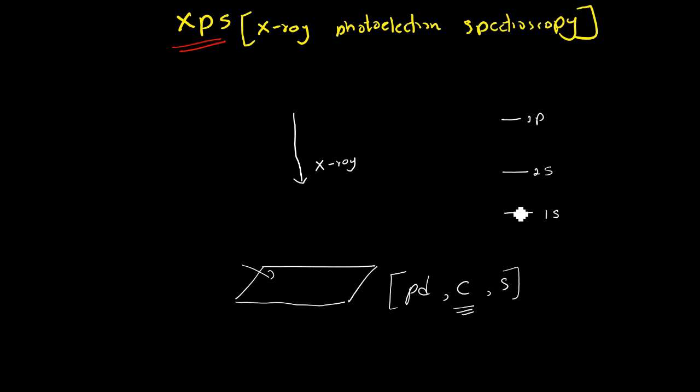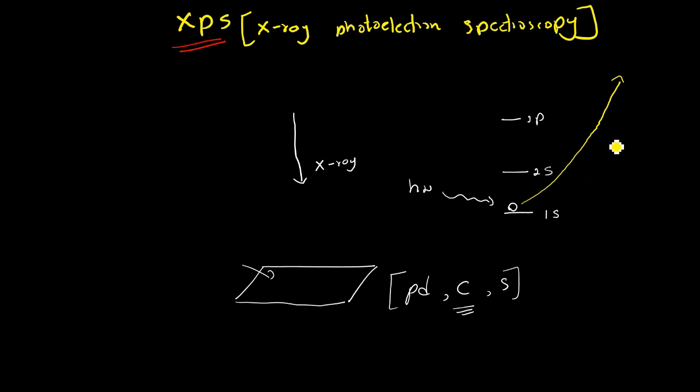Let's say one of the electrons in the 1s has taken the energy we have supplied, which we denote as h nu. Due to this energy, the electron has absorbed it. Now it cannot stay in the 1s because it has a lot of energy. So the electron has gone out of its state.